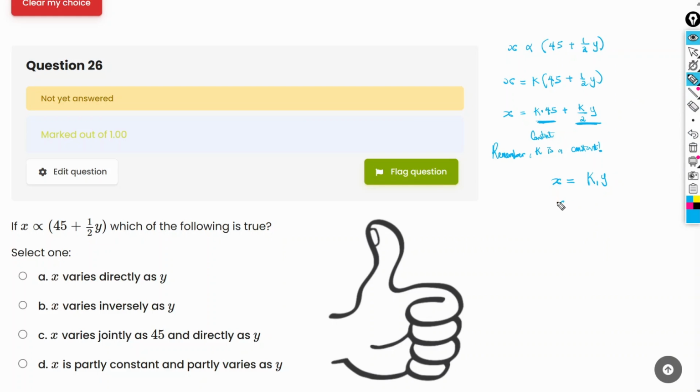So this side here is a direct proportion, while this other part here is a constant. So the correct option is x is partly constant and x partly varies as y. That's 26.